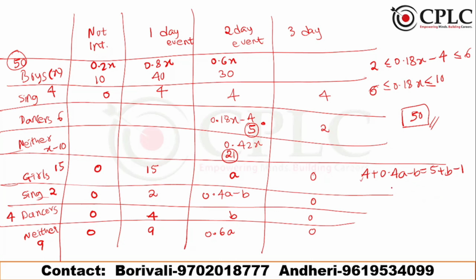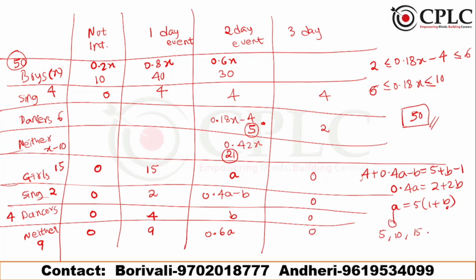And when we solve that, we get 0.4a is equal to 2 plus 2b, or we'll get a is equal to 5 times (1 plus b). So from here what you understand is that a should be a multiple of 5, as b is a whole number. So the possible values of a can be either 5 or 10 or 15.